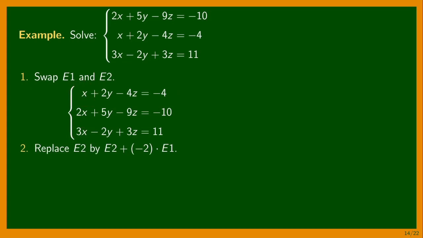I can replace the second equation E2. This is E2, this is 1, this is 3. Right? Replace equation 2 by equation 2 plus negative 2 times E1. The purpose of that is to eliminate the 2x over here because we don't want any more x's here. Right?